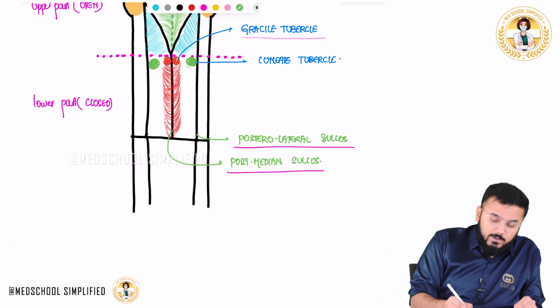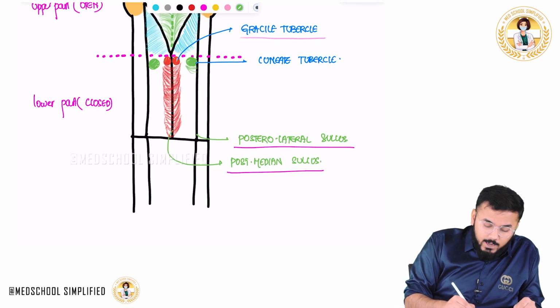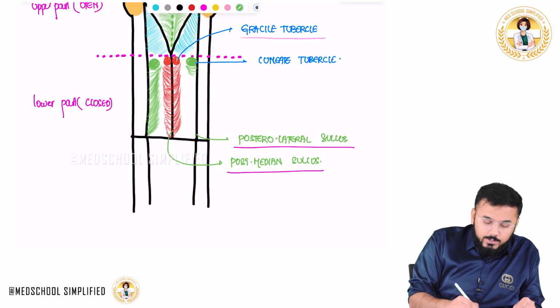In the same way, you have the same swellings on the opposite side also. There is a swelling just near this green color tubercle. What is this green color tubercle called? It is called the cuneate tubercle.